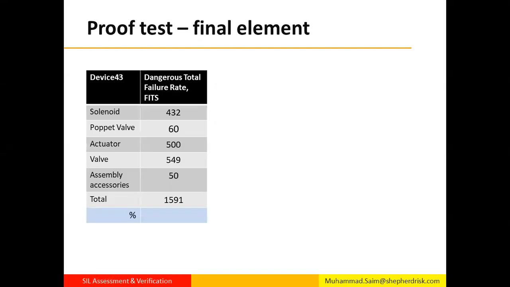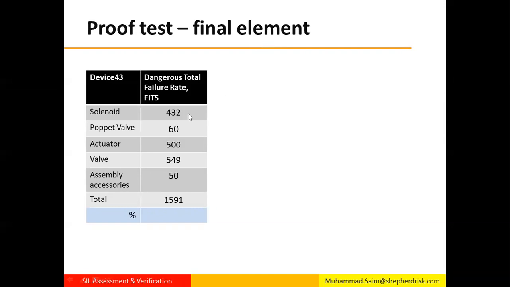Now let's take an example of an ESD valve comprising a solenoid, a poppet valve, actuator, valve body, and assembly accessories, and each component has a different dangerous failure rate.